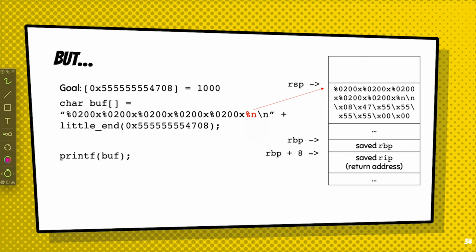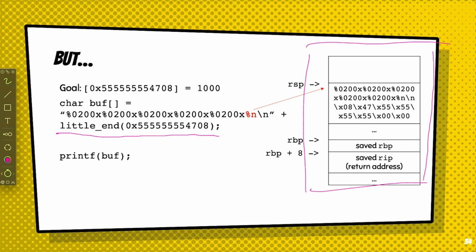The way that I usually work on this is that I first put the address at the end, and then I simulate the stack and check how many bytes I have already put onto the bottom of the stack.